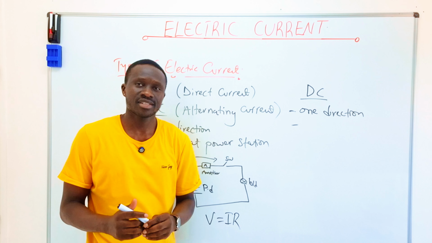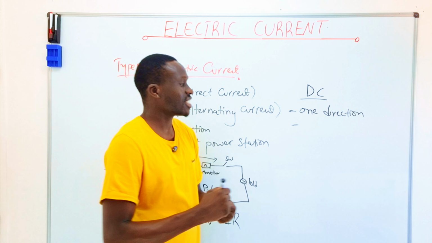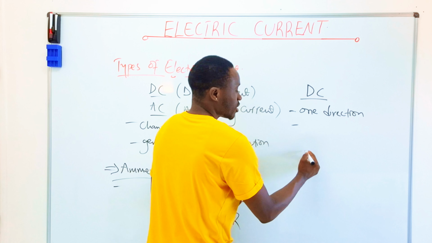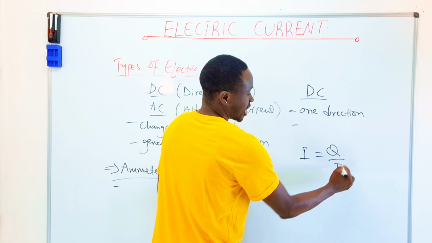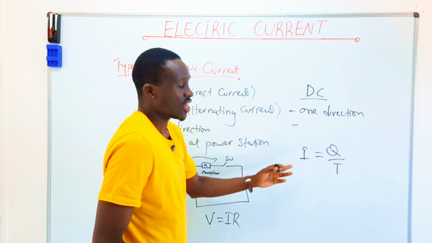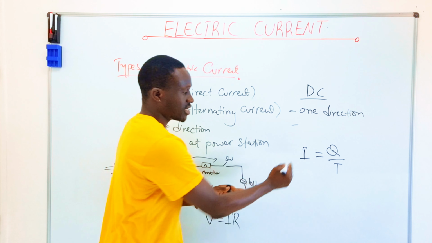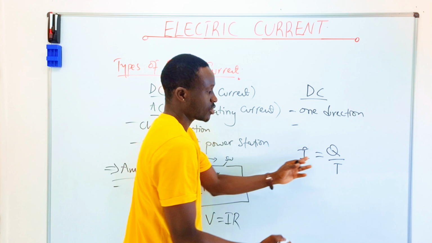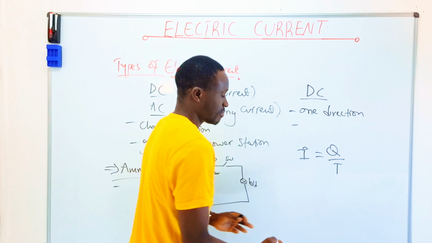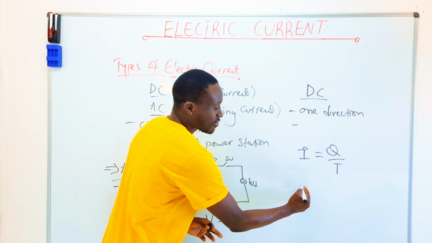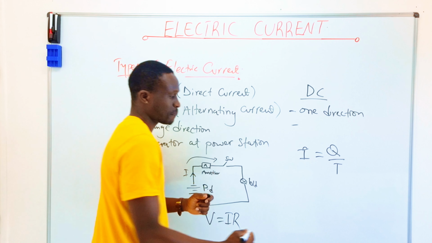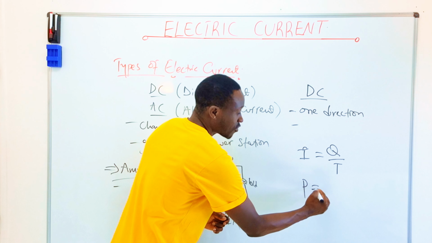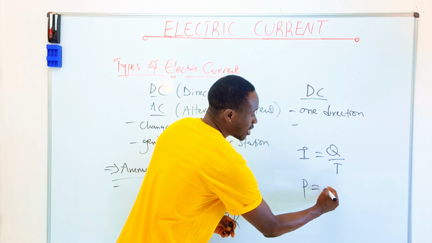The formula which I have given you is charge over time. If they ask you for current, it equals charge over time. But if they ask you a question which has power and some resistance, there is also a formula for electrical power, which is IV.